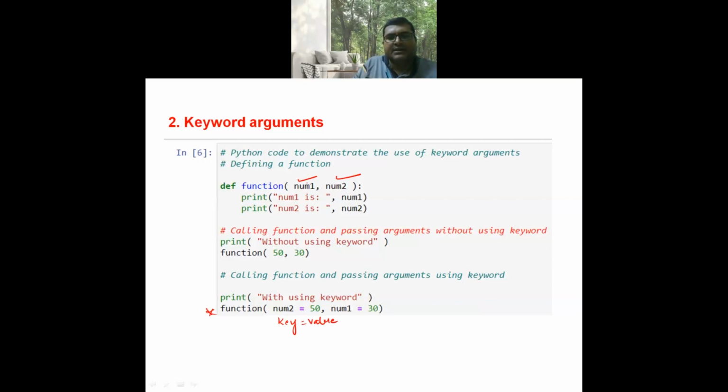Let us assume num1 is key1 and num2 is key2, and while calling the function, we are passing keyword arguments: num2 with value 50 and num1 with value 30. In this fashion, we can call the function with keyword arguments. Just go through a simple example to demonstrate keyword arguments in Python functions.